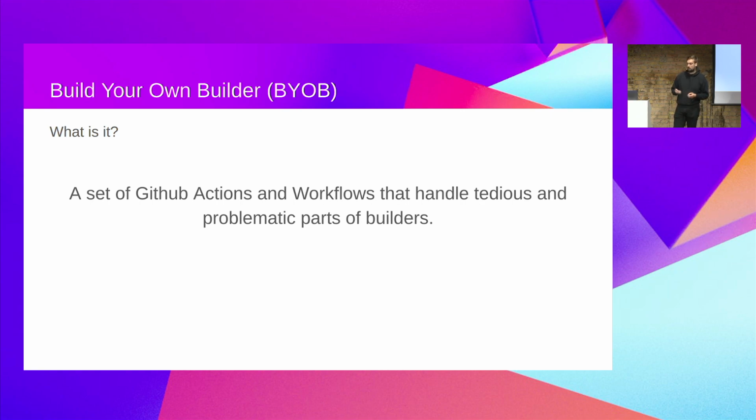It's a set of GitHub Actions and workflows that packaging maintainers can use to build a project and generate provenance. And one of the strong advantages of BYOB is that it takes care of a lot of the tedious and problematic parts of building a project and generating provenance in a secure way.